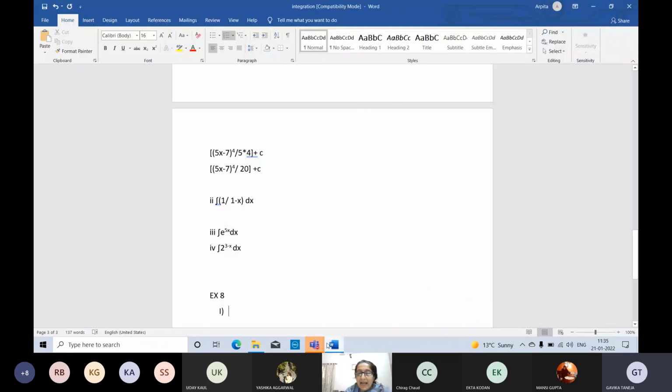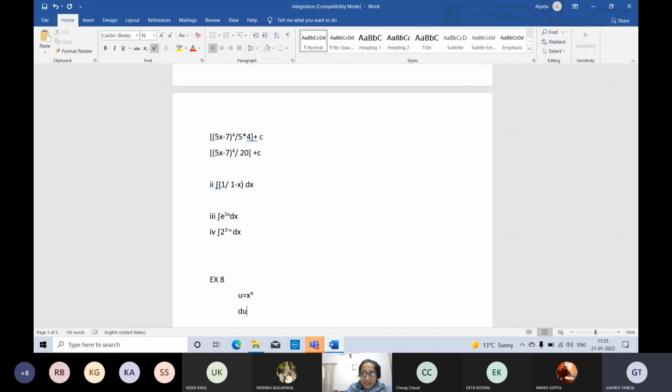Which means that I am again doing substitution. How am I going to substitute here? I am going to write let u is equal to x to the power 4. Which again means I'm going to differentiate it, so du by dx is going to be 4x cube, as somebody said.